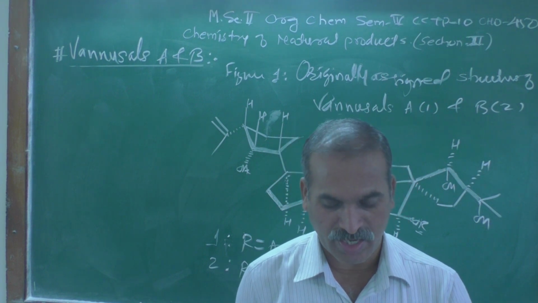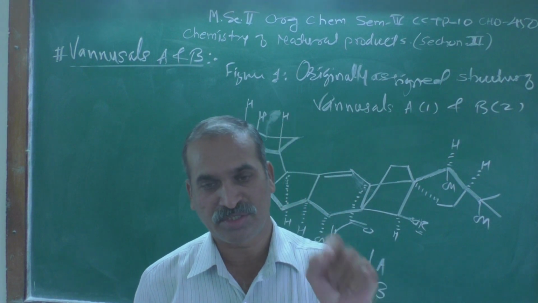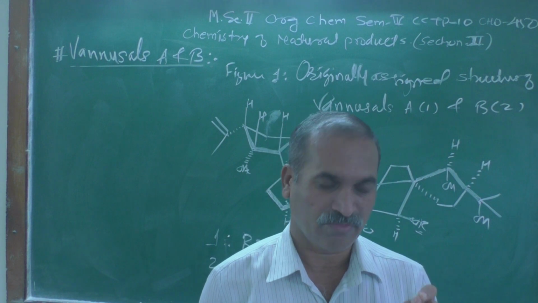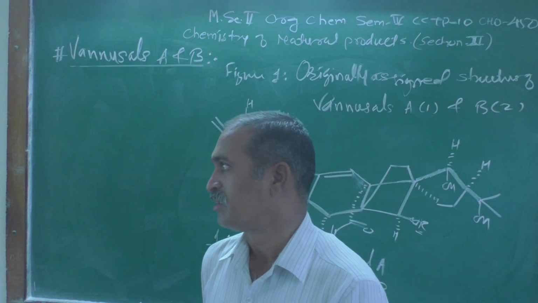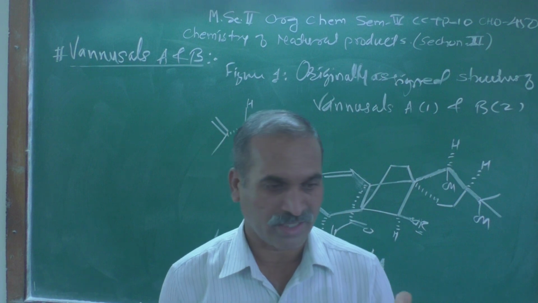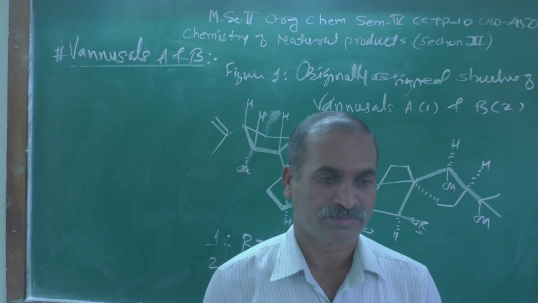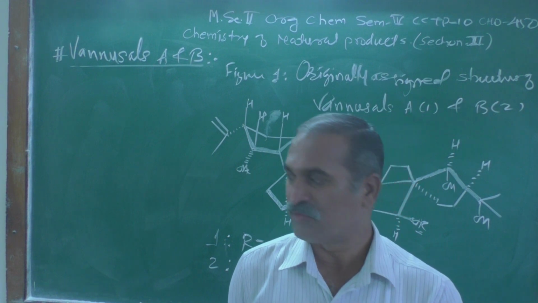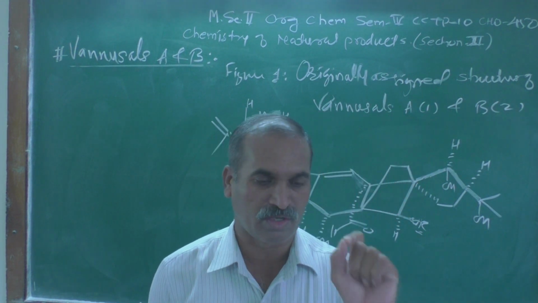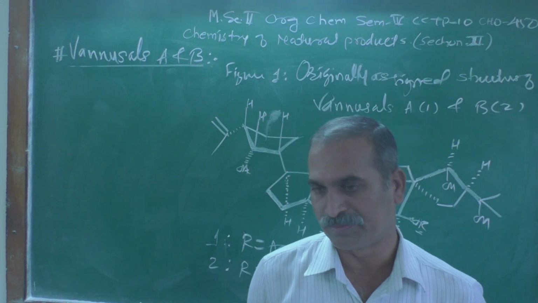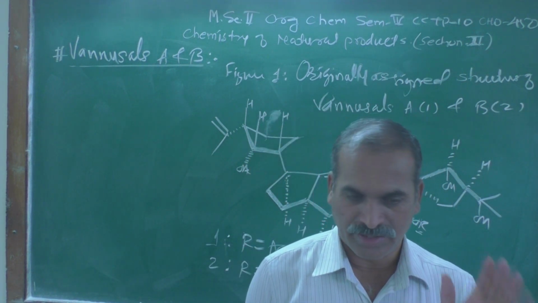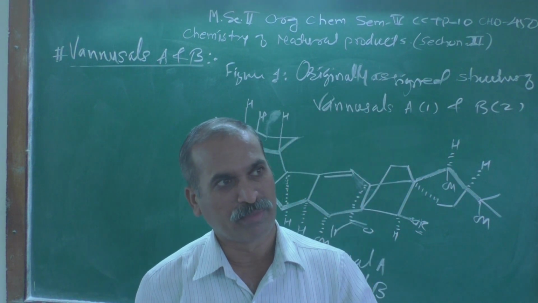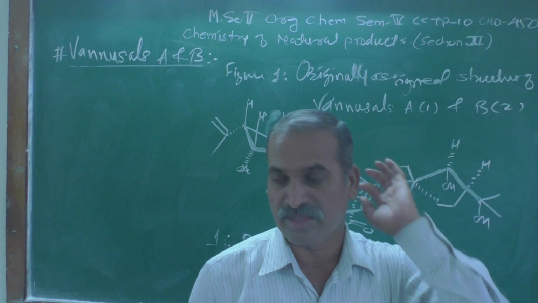As we found yesterday, there are 6 rings, out of which one is a 6-membered ring containing a carbon-carbon double bond and an aldehyde group, and the rest of the rings are 5-membered.